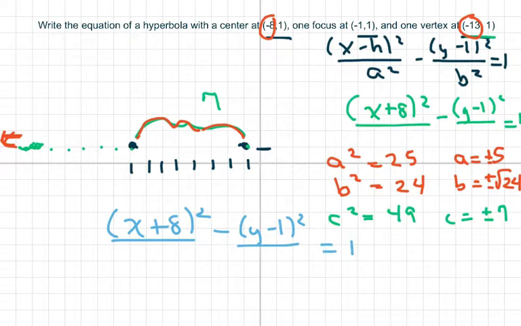My a squared goes under the x, because that's where the foci is, and that's why I drew this. And then my b squared goes under the y, which is 24. When you're taking a test, it helps to draw this out so you can get your frame of reference of where everything is.